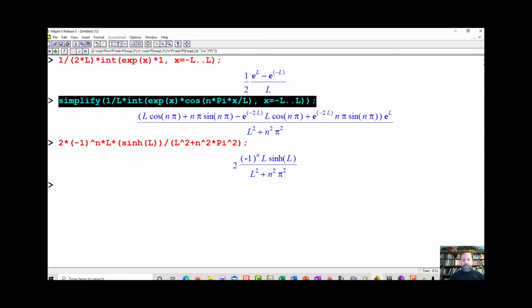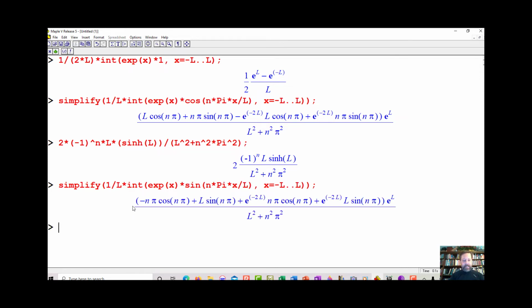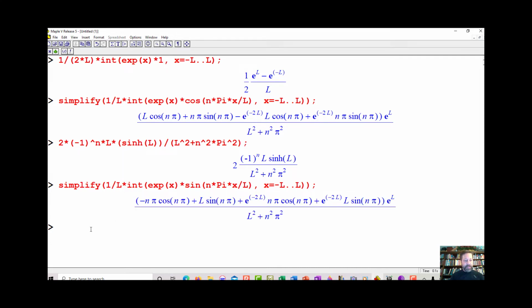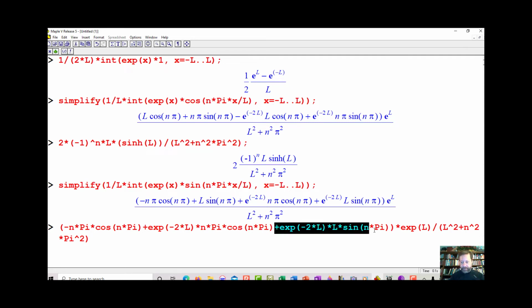What about in this other case with the sines? We get a similar kind of messy computation where certain terms are 0 and certain terms are -1 to the n. So anything with the sine of n pi gets zeroed out.